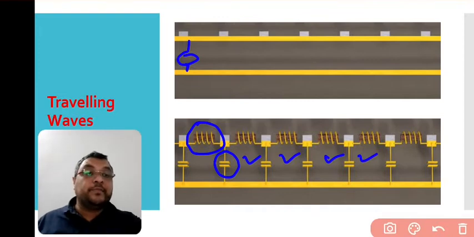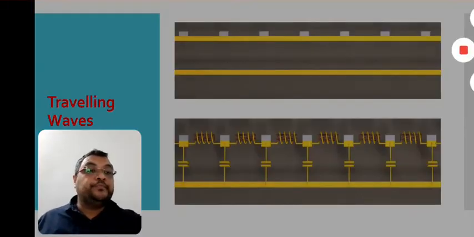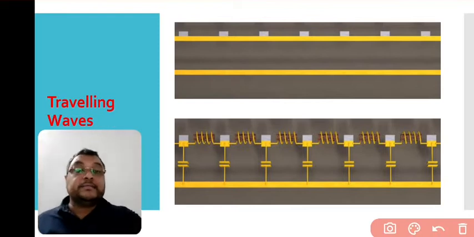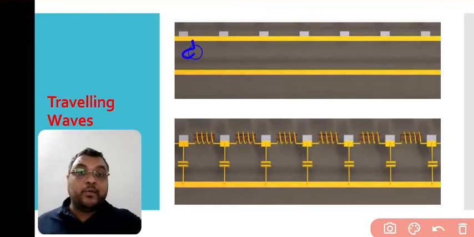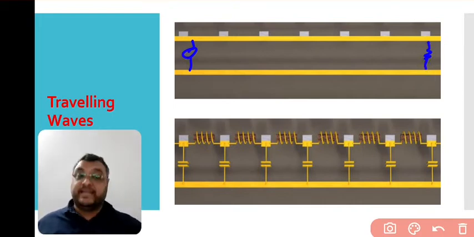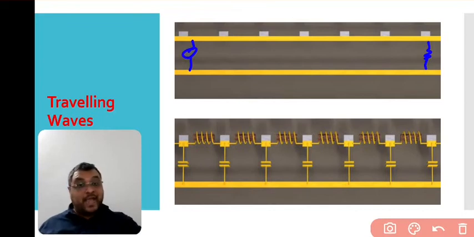Suppose there is one load present at the end of this transmission line. So we think that whatever supply we give reaches the load instantaneously, but no, it does not happen like that.